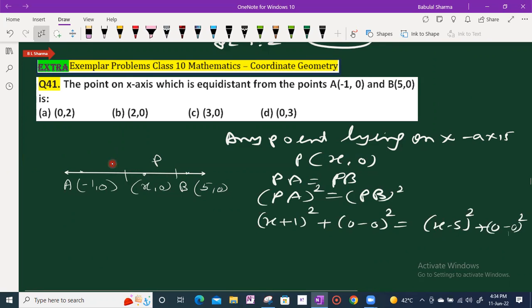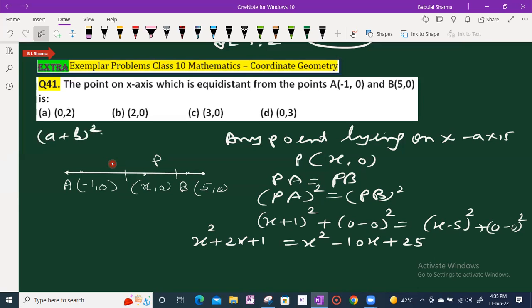x plus 1 whole square can be given now x square plus 2x plus 1, that is x square minus 10x plus 25. See here, x plus 1 whole square is x square plus 2x plus 1. You can use the identity here: a plus b whole square is a square plus 2ab plus b square.